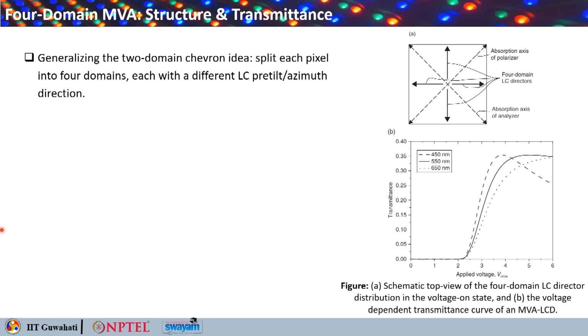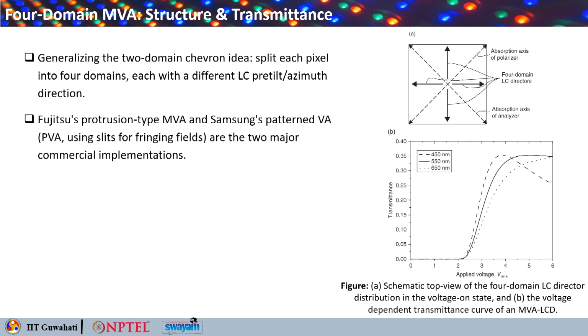What is happening here is that if you consider the two dominant commercial implementations, one is Fujitsu's protrusion type MVA, which uses physical bumps on the substrate to pre-tilt the domain, and then you have Samsung's patterned vertical alignment, or PVA, which uses patterned slits in the electrode to create fringing fields that set the domain direction without any physical protrusion.